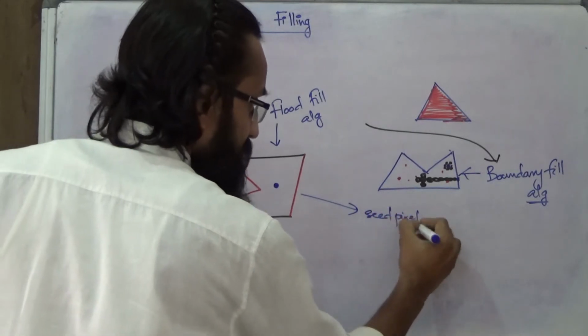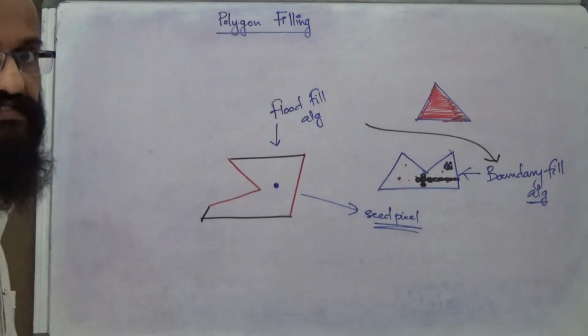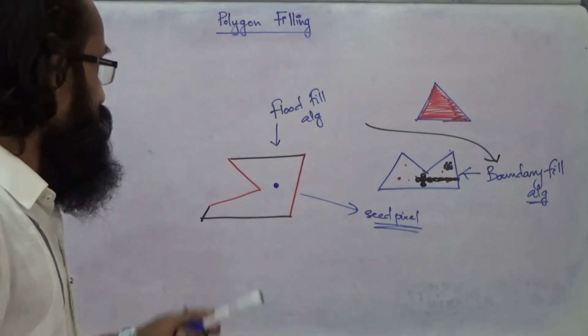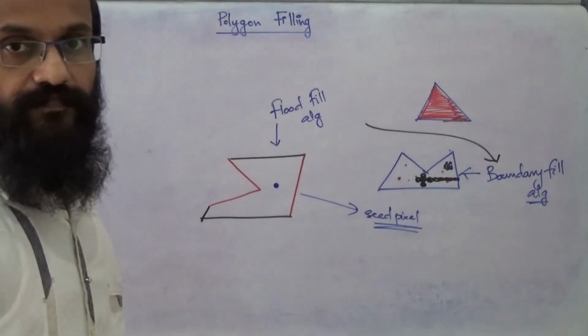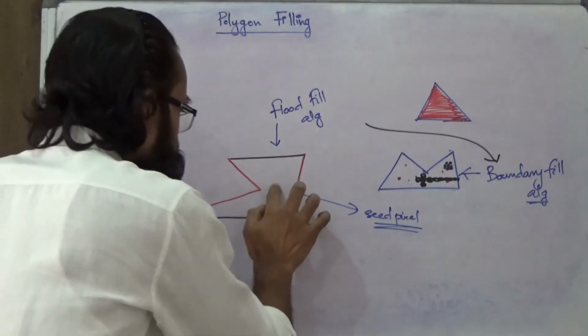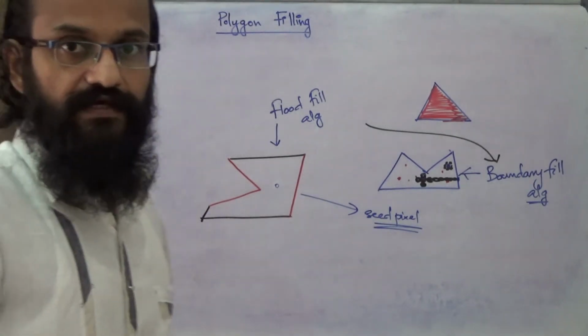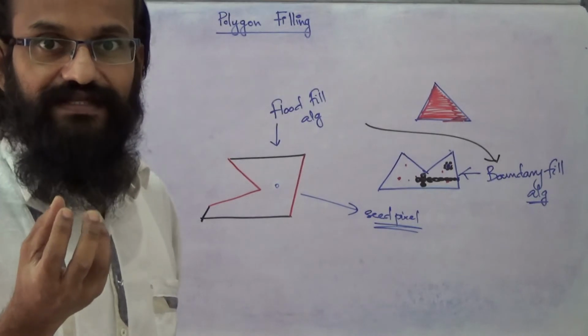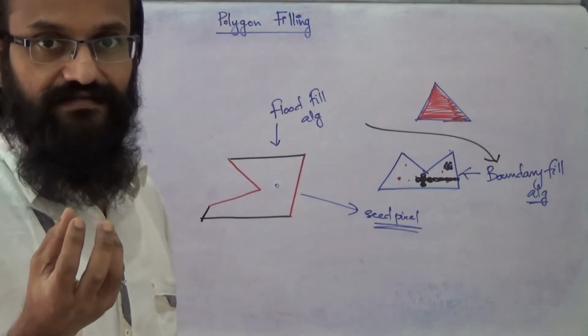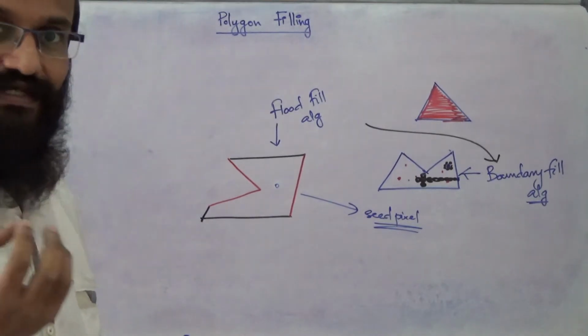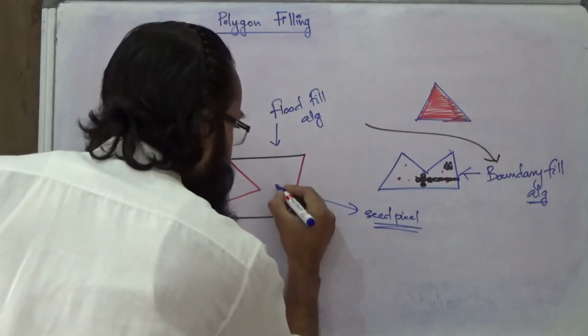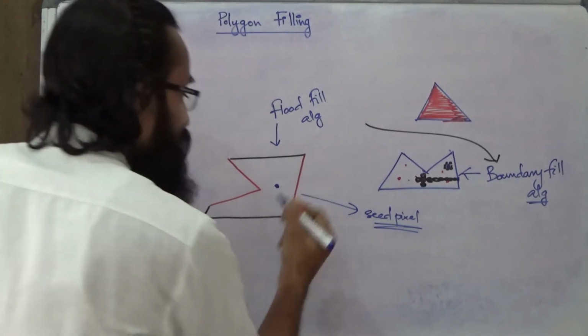The first pixel selected for filling the polygon is termed as seed pixel. So let this be the seed pixel selected. It will check whether the current pixel is of interior color, that is white color. If it is of interior color, it will fill it with the desired color. It will fill it with blue.